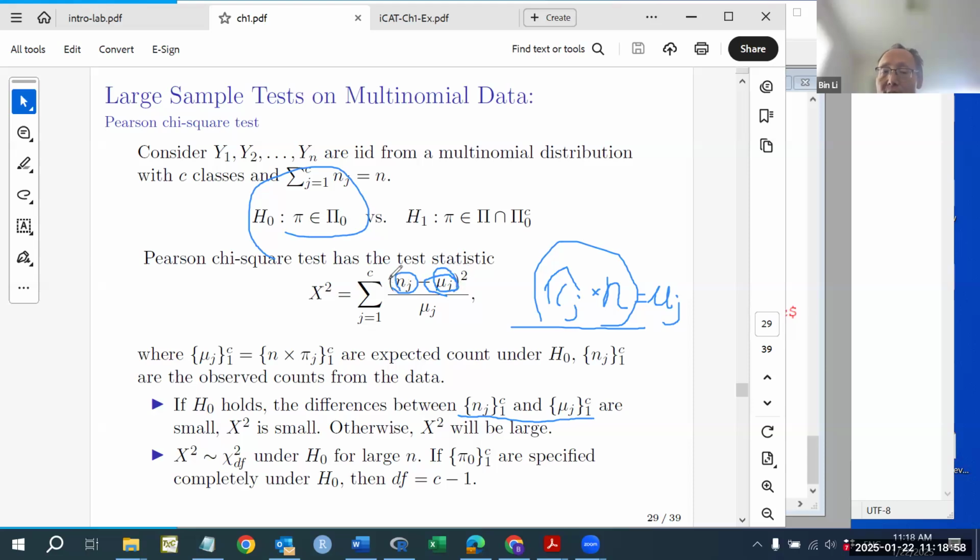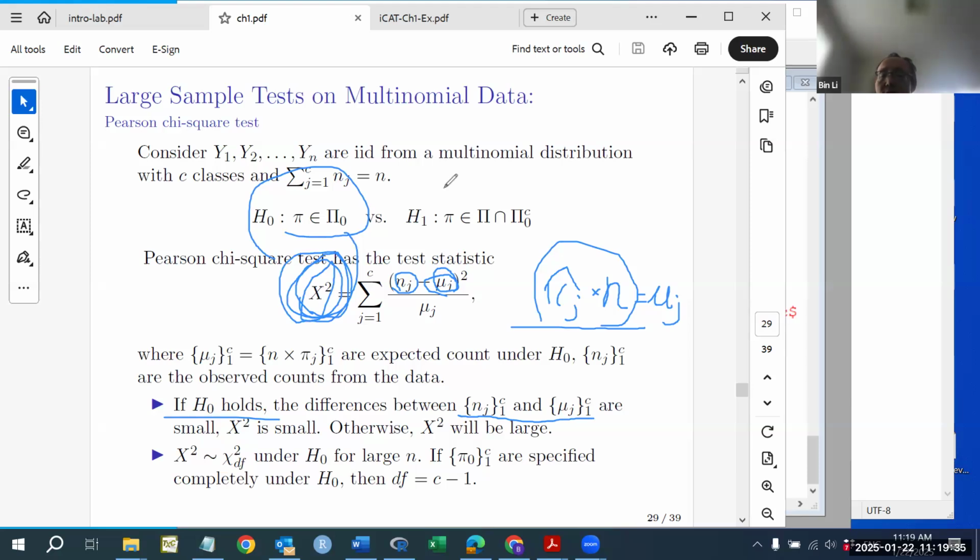So the numerator will be small, and taking the square will be a small positive value. So if the null hypothesis holds, this x squared test statistic will be small. If the test statistic is large, that means we have evidence to reject the null hypothesis.